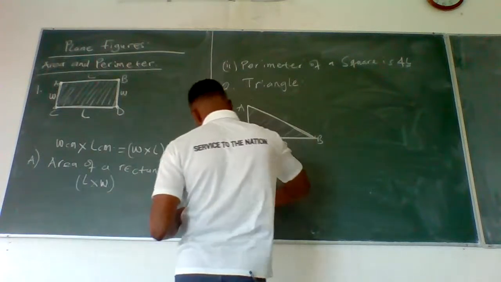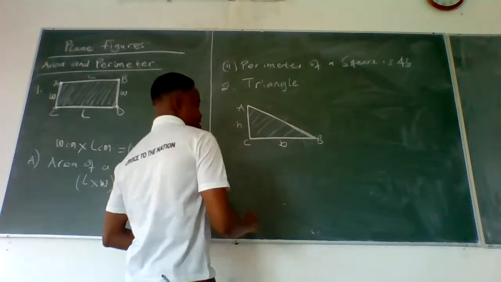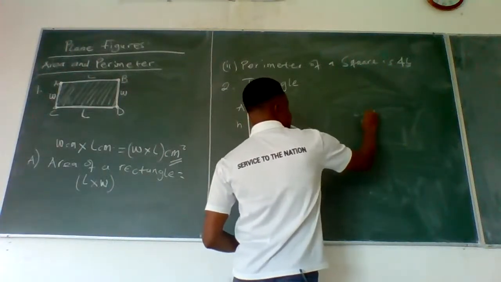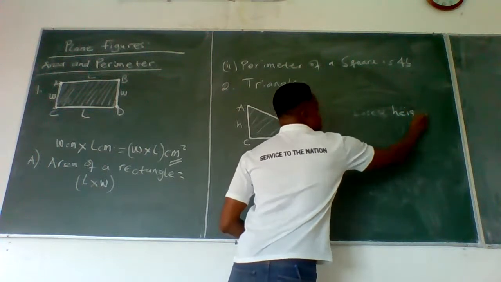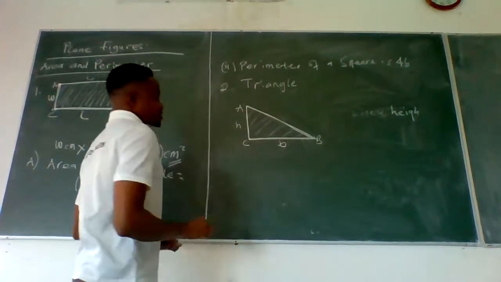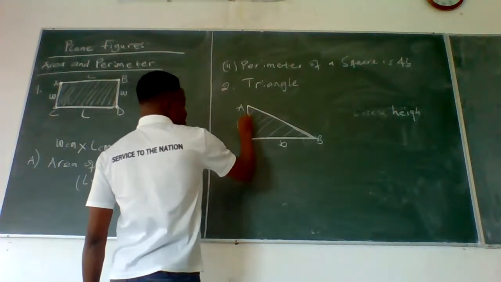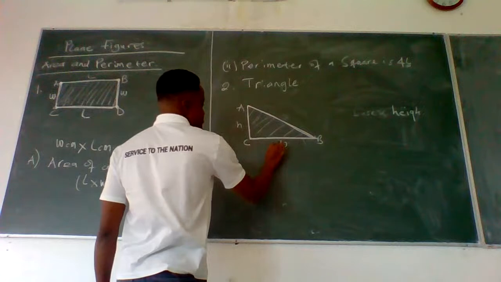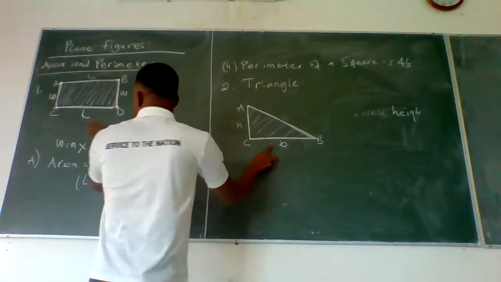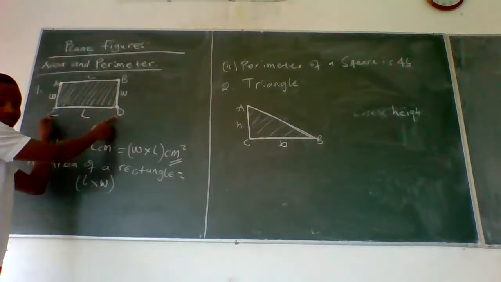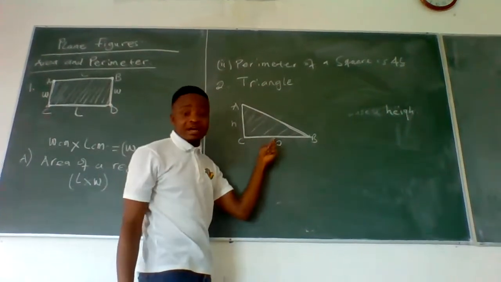So we have this triangle here. The basic nomenclature of a triangle is the base and the height. We want to find the area: this times this would give you the area of a rectangle, right? But this one is half of a rectangle.